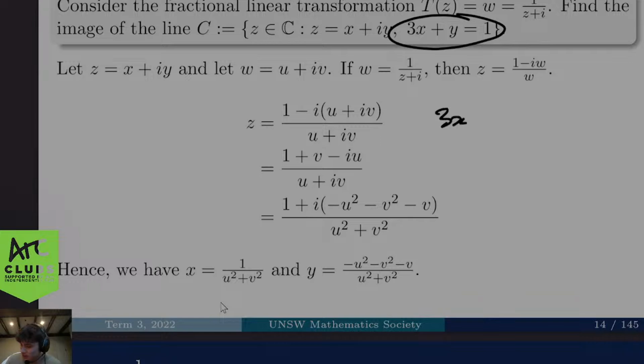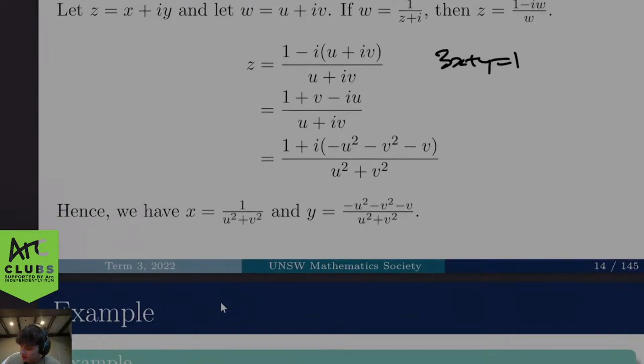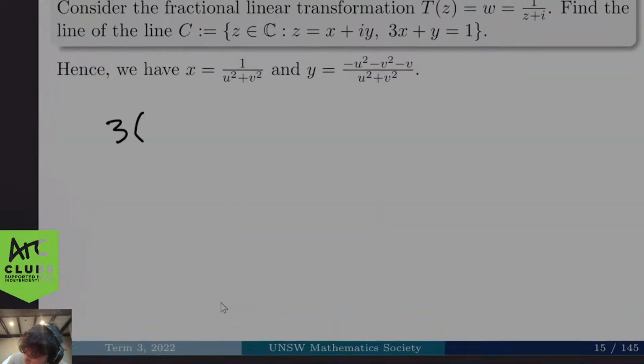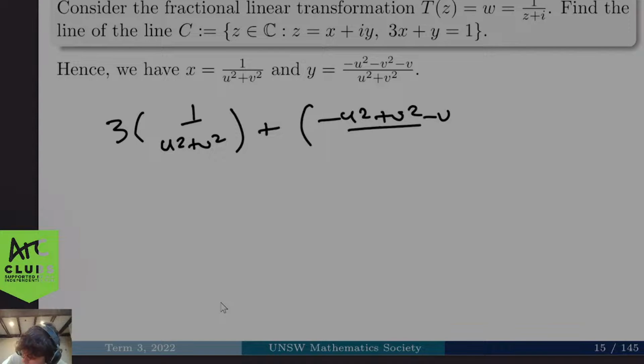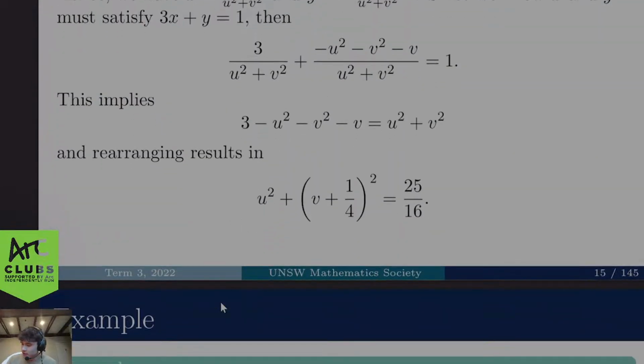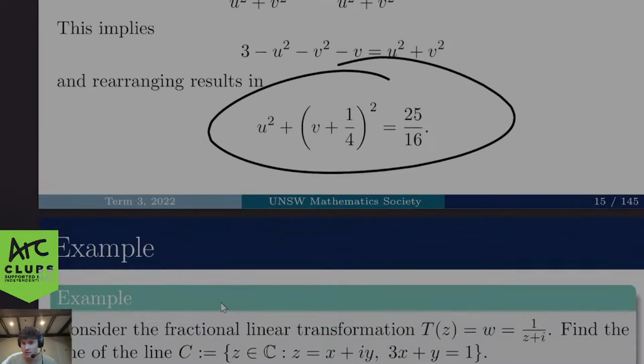In particular, we need 3x plus y to equal 1, which means that because we have an expression for x in terms of u and v and y in terms of u and v, we can get this to become a constraint on u and v, which in other words gives us the image of the line under the fractional linear transformation, right? So because we have these, we know that 1 over u squared plus v squared plus negative u squared plus v squared minus v on u squared plus v squared must equal 1, okay? And after some rearrangements and completing the square, we get this, which is the equation of a circle.